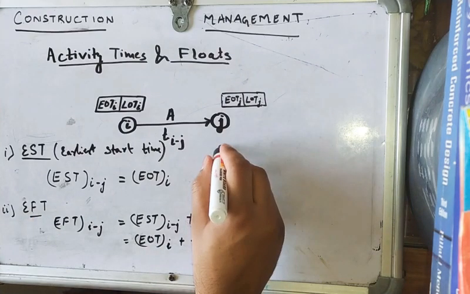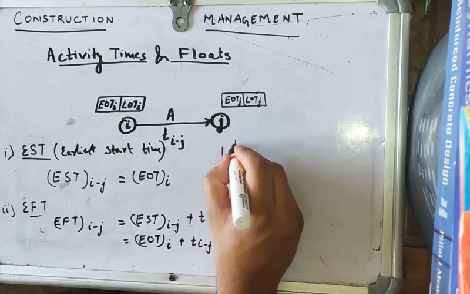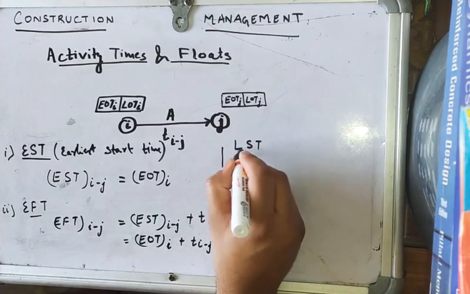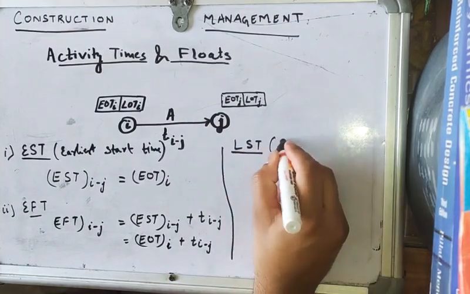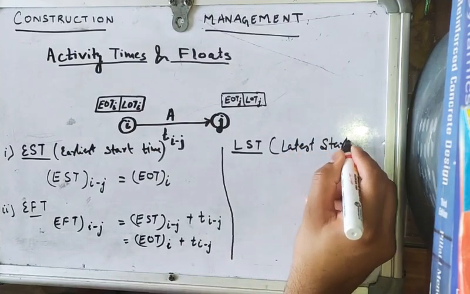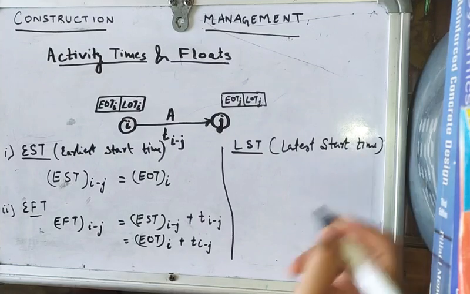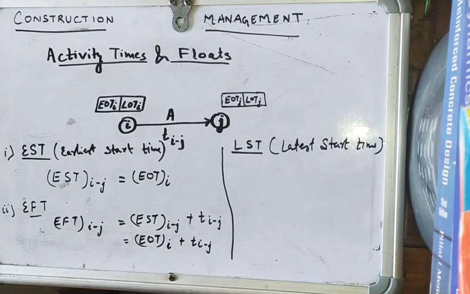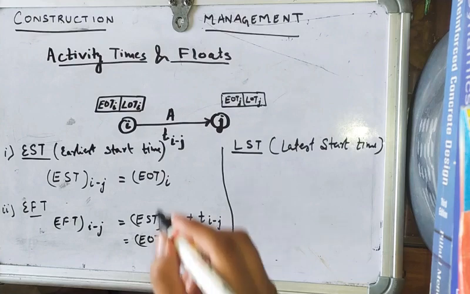Next we have the latest start time. So this latest start time is the latest possible time by which an activity can start.